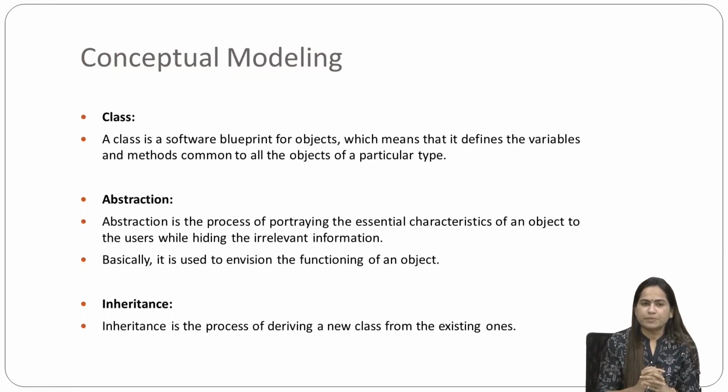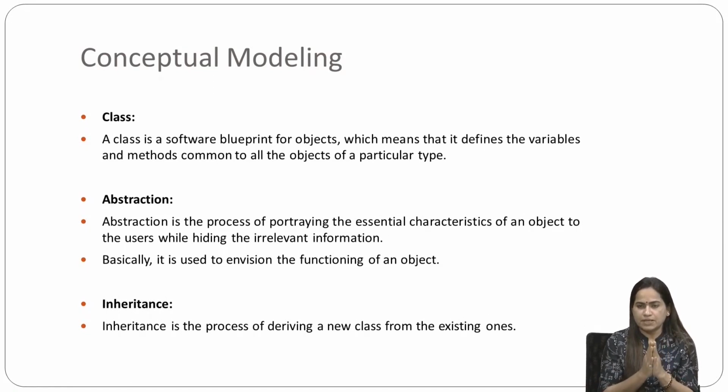Next one we have is abstraction. Abstraction is the process of portraying the essential characteristics of an object to the users while hiding the irrelevant information. You will have a lot of information which is of no use. So what to do?